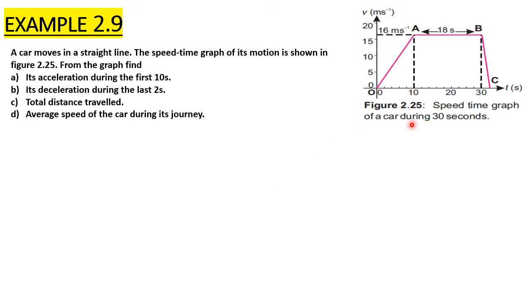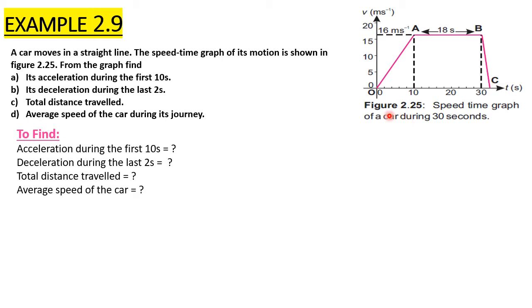This is the figure, and here we have to find the acceleration during the first 10 seconds, for this phase from point O to A, and the deceleration during the last 2 seconds from point B to C, and the total distance traveled from point O to C, and the average speed of the car during its journey from point O to C. First we will do part A, in which we have to find out the acceleration for the first 10 seconds.